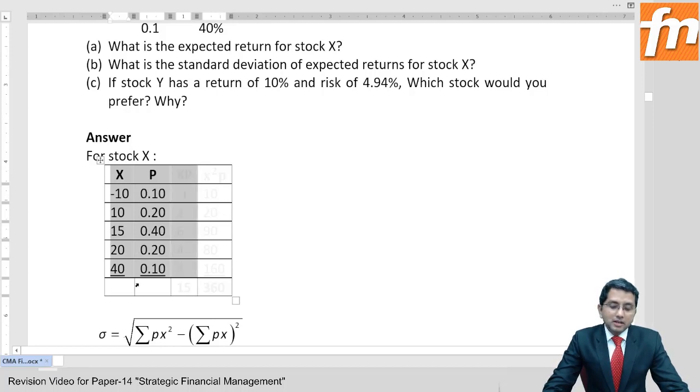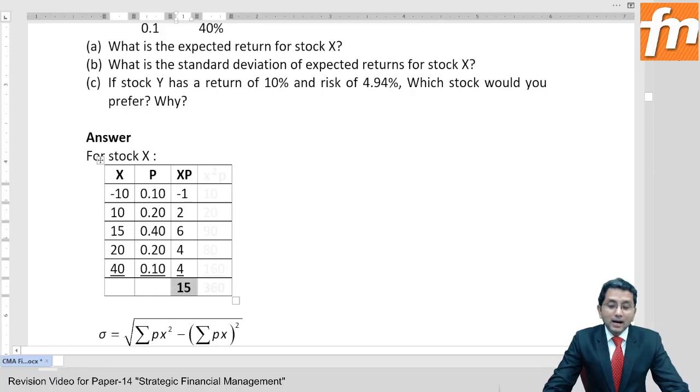So to calculate mean, first I do X multiplied by P. Observe it, -10 into 0.1 is -1, 10 into 0.2 is 2, 15 into 0.4 is 6, 20 into 0.2 is 4, 40 into 0.1 is 4, make a sum total.